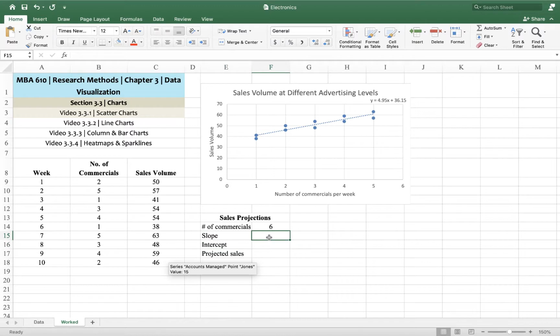So if our formula is y equals mx plus b, m, which is the slope of the line, is 4.95. And b, which is the intercept, is 36.15.